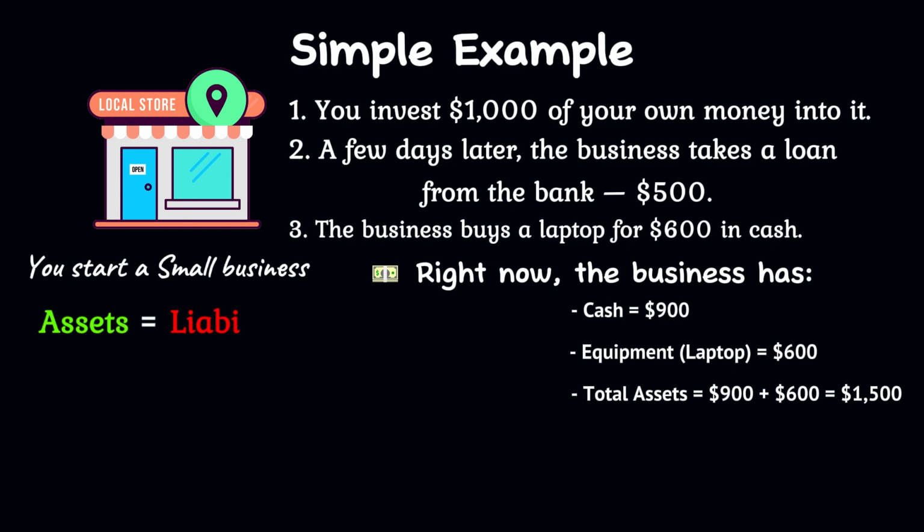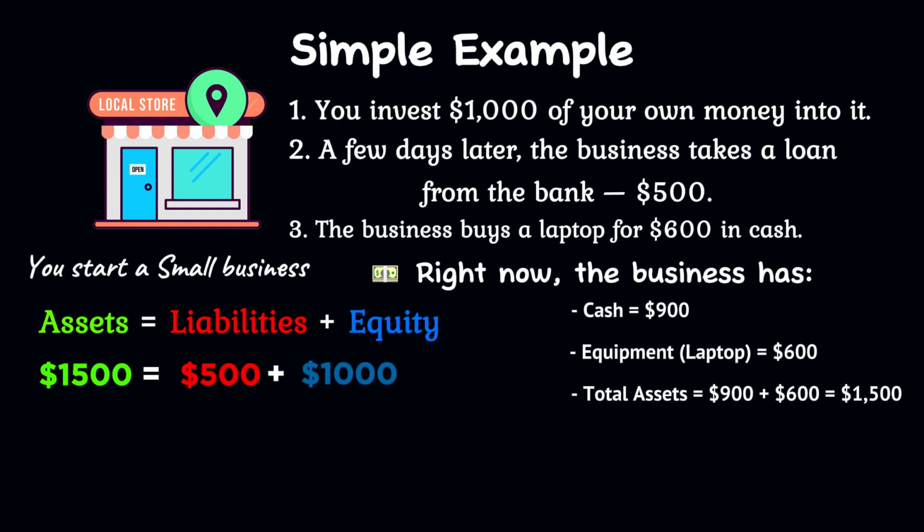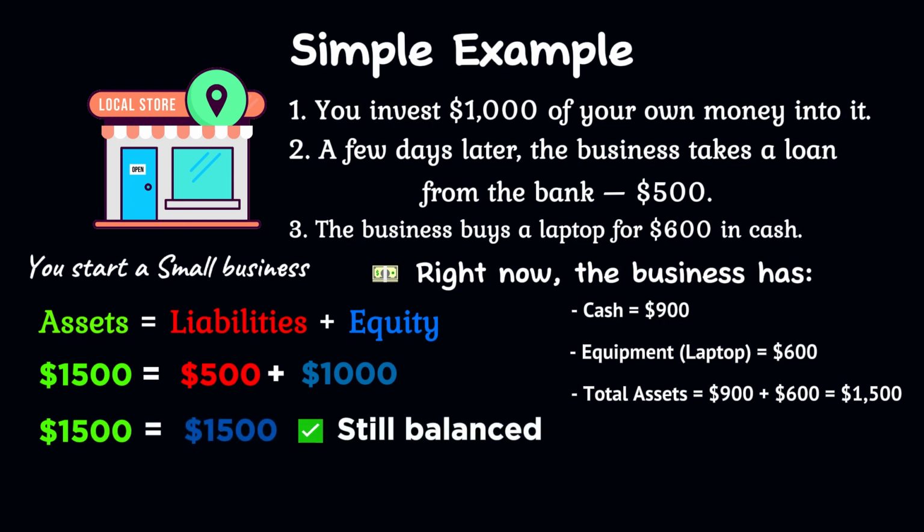So when you check the accounting equation, assets equal liabilities plus equity, $1,500, which is the asset, is equal to the liability of $500 plus the equity $1,000. So they are still equal, and this indicates that the equation is still balanced.